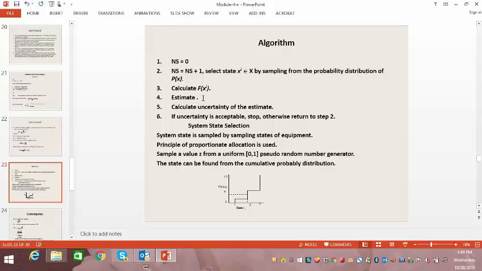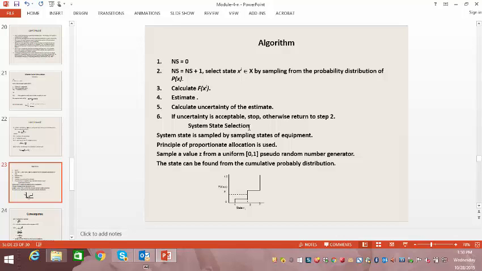Then estimate your mean value and the variance, and calculate the uncertainty of the estimate, which is the variance. If the uncertainty is acceptable, then stop, otherwise go back to the sampling step. And as I have said before, the uncertainty is judged by the coefficient of variation.